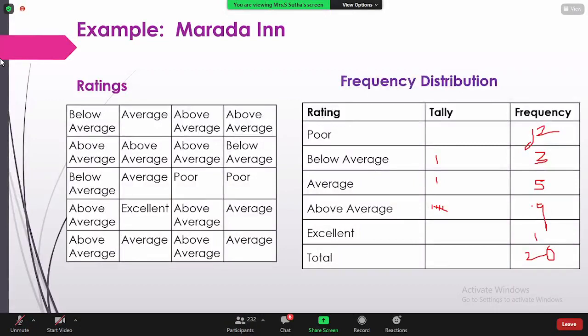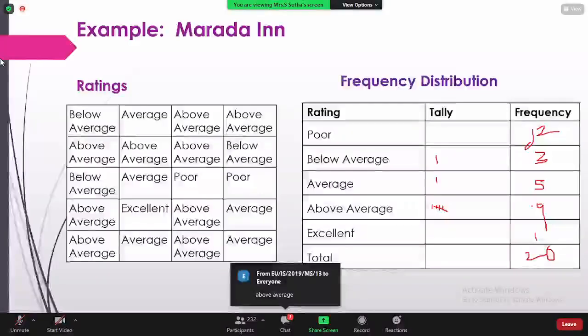Which rating occurred most? The most occurred rating, what is it? The most happening rating. Above average. And also when we are looking over the frequency distribution, what is your conclusion?